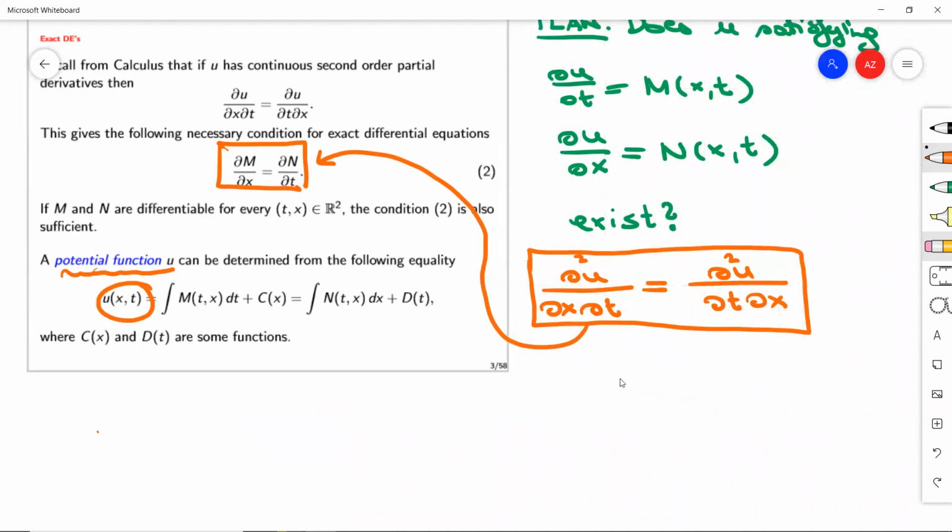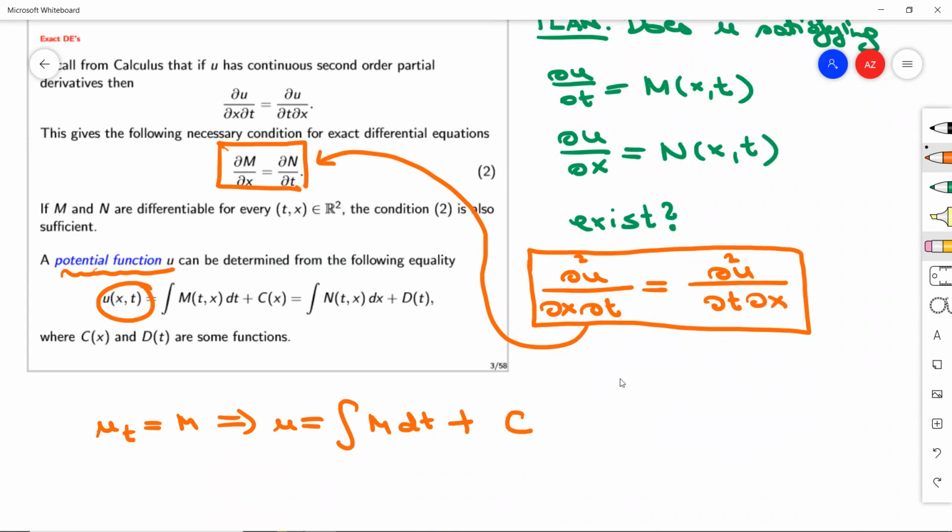So the first equation, u_t equal to M, implies that u must be the indefinite integral of M with respect to t plus some constant. But here it is not a constant for all x, only a constant with respect to t.